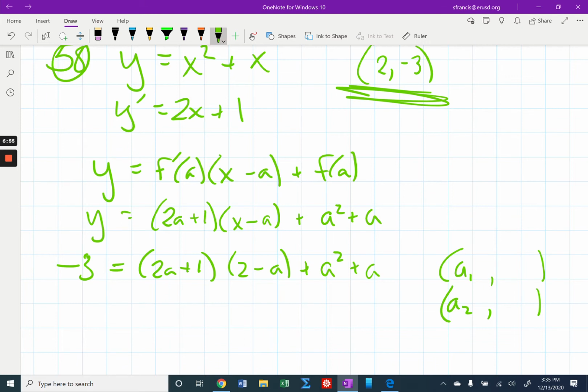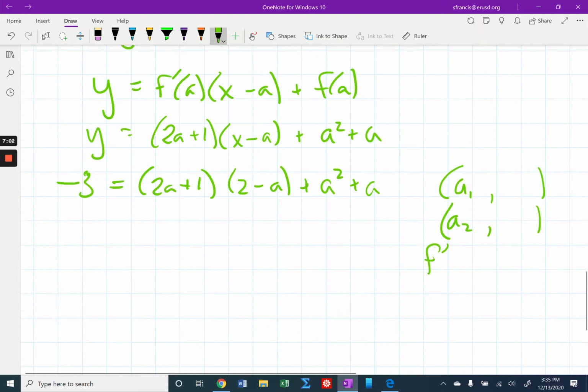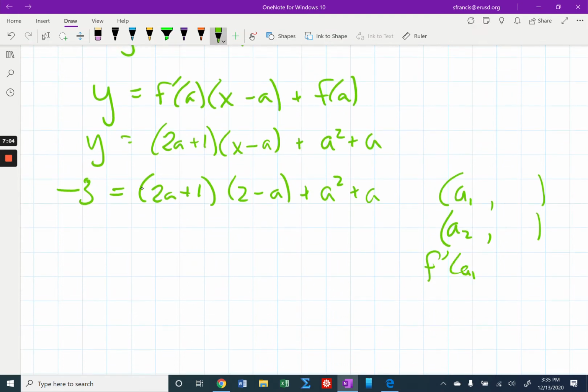That is correct. Yes, go find the y coordinate of the point, plugging it in here. Then go find the slope at each of those. And then you'll have your slope, you'll have your point, you'll have your other slope, and you'll have your other point. Go write your equations of the tangent lines.